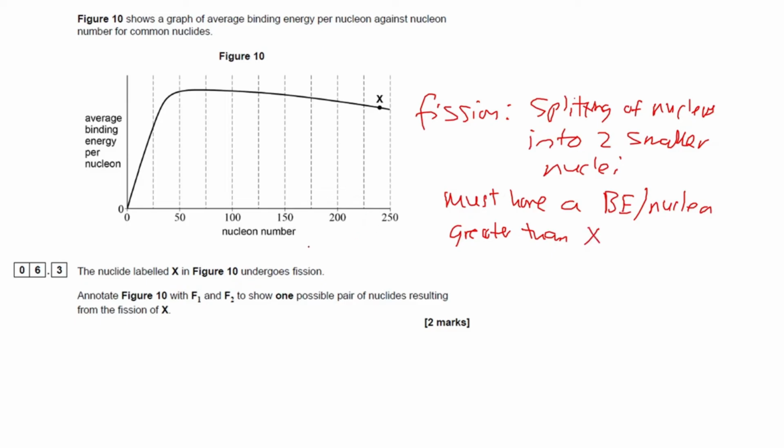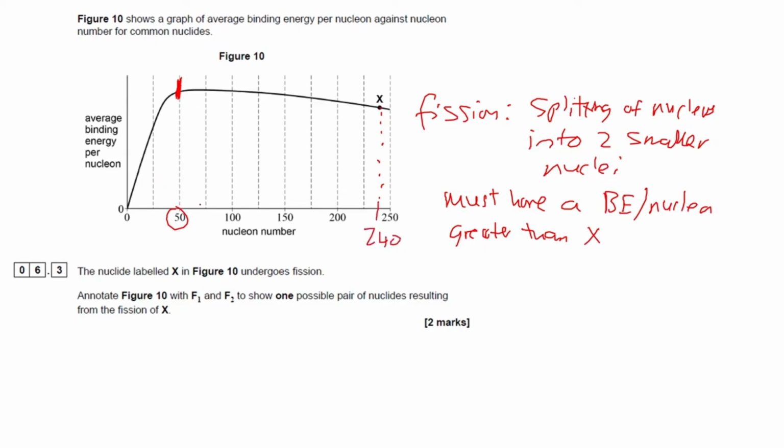Now, looking at this, it does limit us to a range of numbers, but as long as one of the nuclei is to the right of this peak, which is at 50, then that's fine. You also have to make sure that the nucleon numbers, whichever you pick for F1 and F2, add up to the nucleon number for X. I'm going to say X is roughly 240 as a nucleon number.